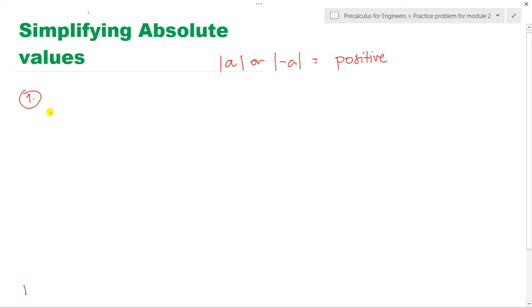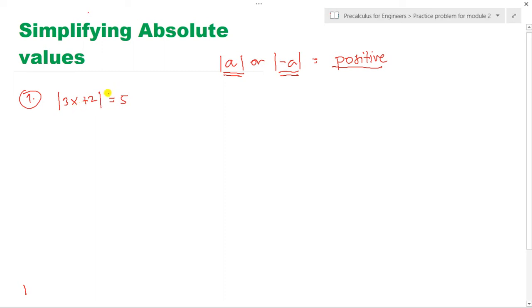So let's say, class, if you are given this absolute value of 3x plus 2 is equals to 5. So since, class, dalawa dito, like the absolute value of a or negative a, always positive. So therefore, class, i-reverse natin dito. So yung value pala ng x natin ito is dalawa.